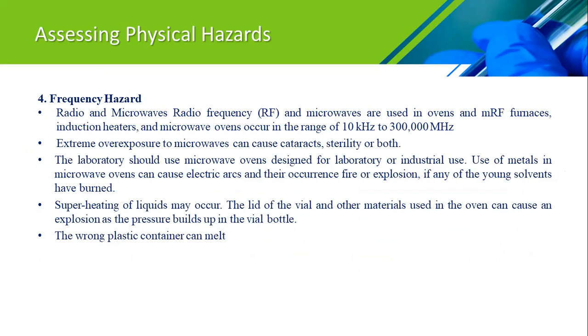Overexposure to microwaves can cause cataracts, sterility, or both. The laboratory should use microwave ovens designed for laboratory or industrial use. Use of metal in a microwave oven can cause an electric arc and the occurrence of fire or explosion if any of the solvents have burned. Next, superheating of liquids may occur.